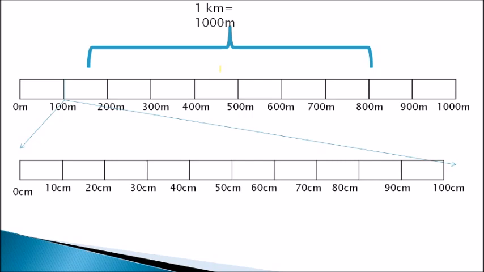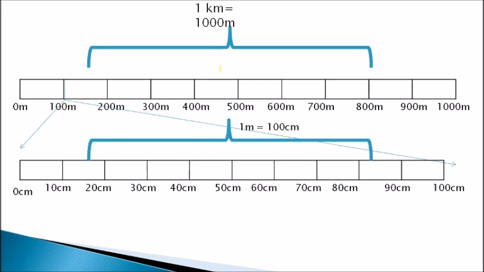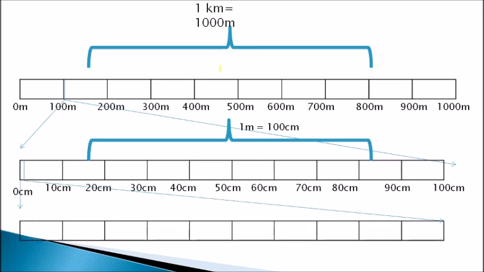When you zoom into one line of centimeter, you can find it consists of 10 lines of millimeters, starting from 0, 1, 2, 3, 4, 5, 6, 7, 8, 9 and 10. So from this we can easily identify the relationship between these four units: kilometer, meter, centimeter and millimeter.